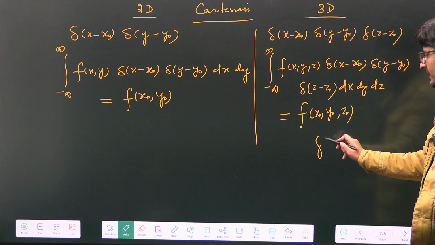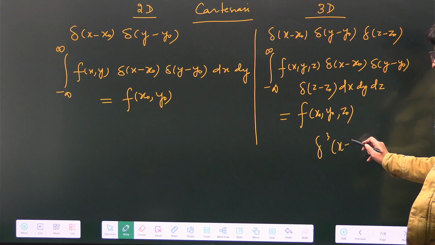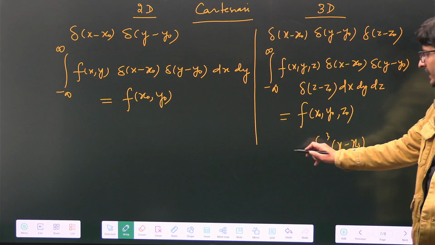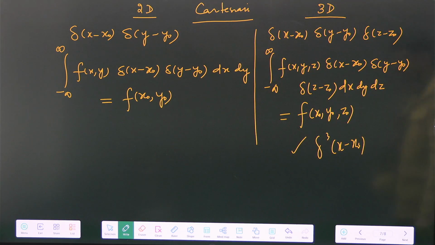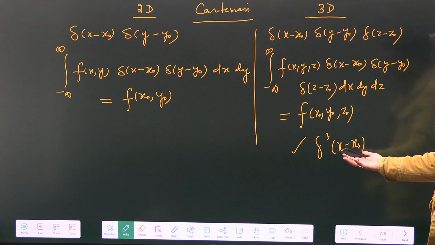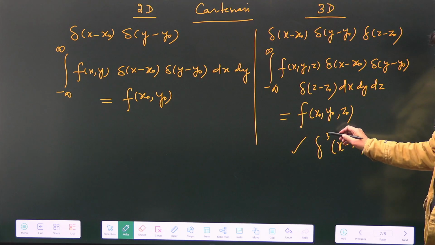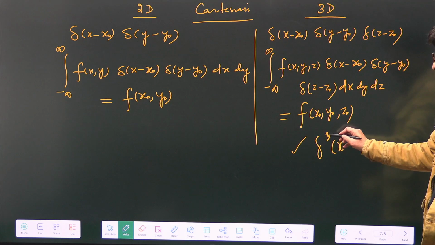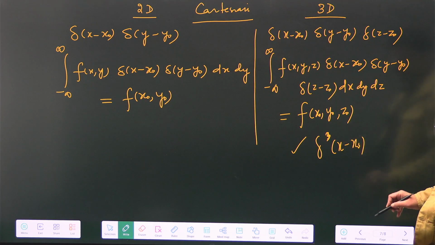Notation is written like this also sometimes. इससे क्या मतलब? 3D, del(x minus x naught), del(y minus y naught), del(z minus z naught). If it is 3 written here, this is the notation.